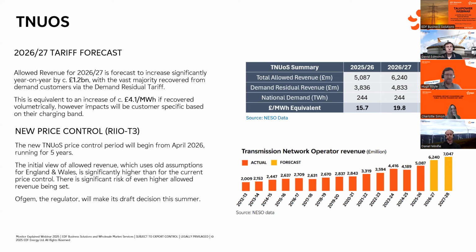What this means is that if your sites or portfolio consume less on average than other sites in your band, that fixed charge will be comparatively higher for you compared to others. And vice versa, if your sites or portfolio consume more than the average site in that band, you can spread that fixed cost over more units, and it's less onerous.